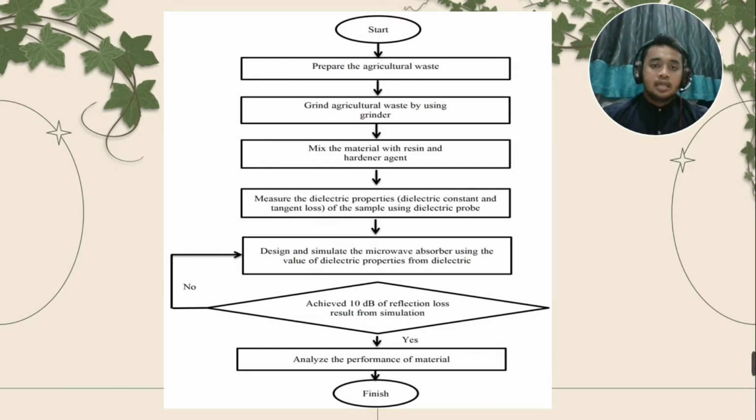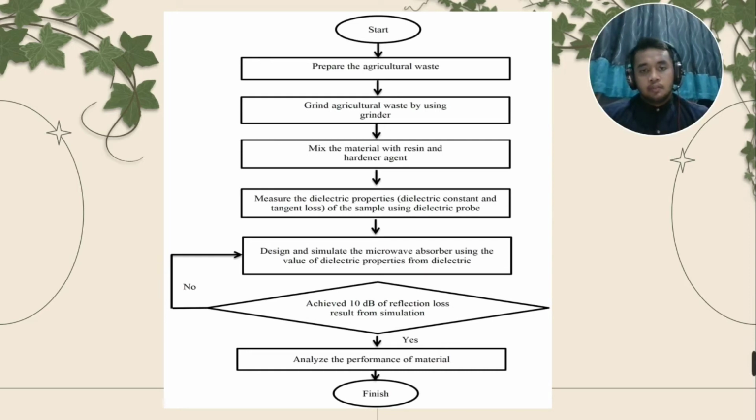Then we design and simulate the microwave absorber using the value of the dielectric property we have measured before. After that, we achieve 10 dB of reflection loss result from simulation. When we don't achieve the 10 dB reflection, we will go back to design and simulate again.